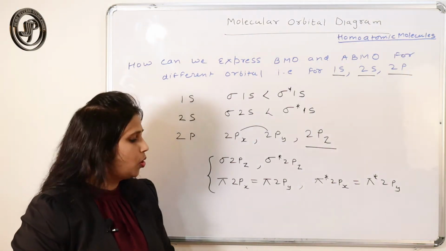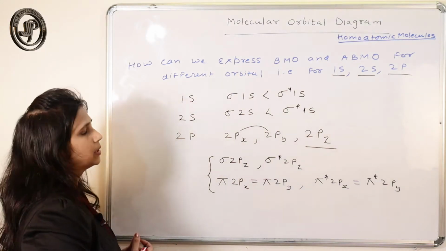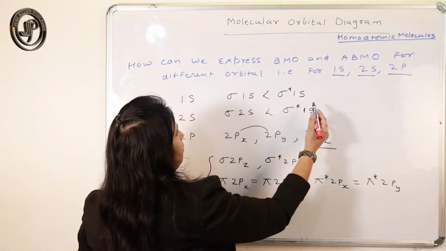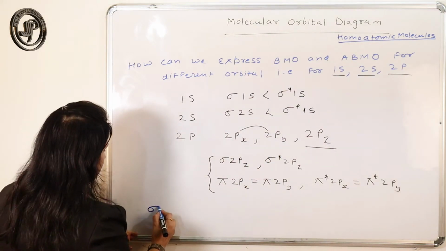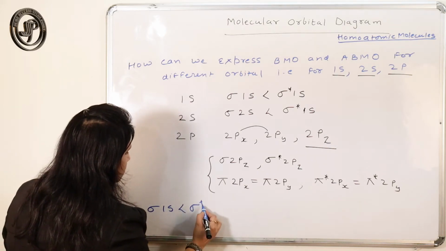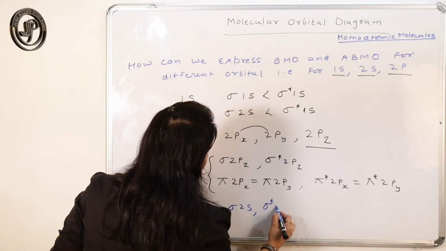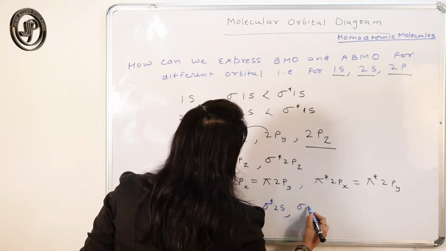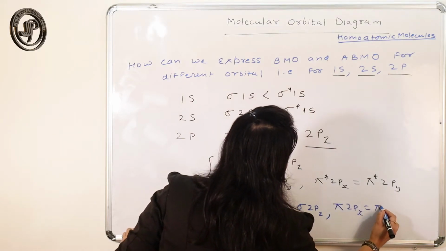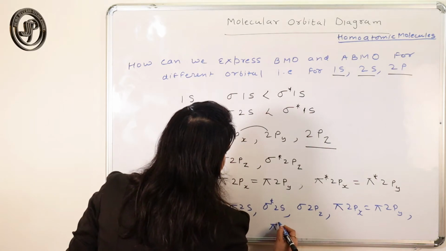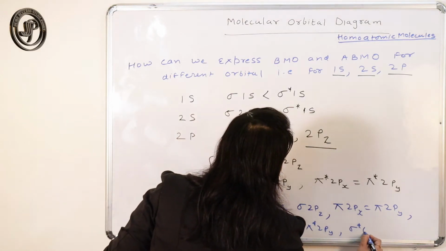In order to write the energy level sequence, it was determined experimentally that the order is sigma 1s, sigma star 1s, sigma 2s, sigma star 2s, then sigma 2pz, pi 2px, pi 2py, and then their anti-bondings pi star 2px, pi star 2py, sigma star 2pz.